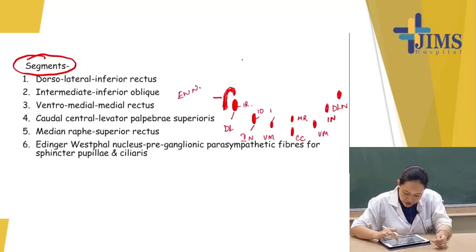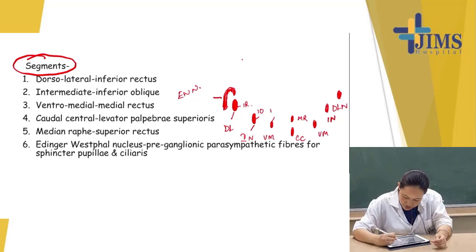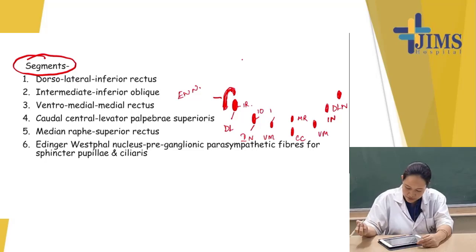So, this Edinger-Westphal nucleus gives off preganglionic fiber here. The ciliary ganglion is located here. So, the postganglionic parasympathetic fiber goes and supplies the ciliaris muscle here and also the sphincter pupillae.